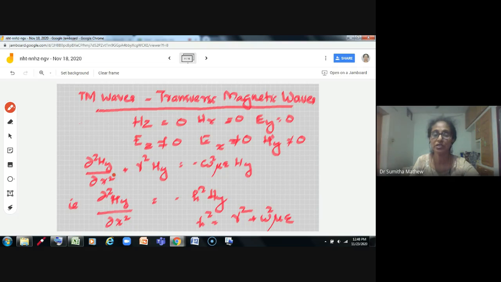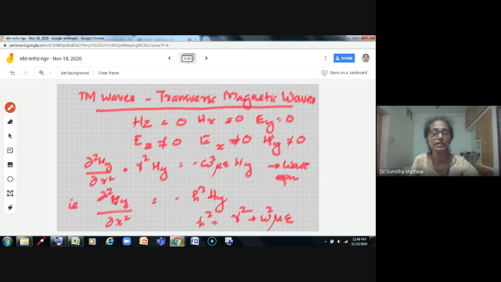You can just go back and see how we started with the transverse electric wave. Same procedure, so I'm not writing everything again. I simply start with the step of dou square Hy by dou x square plus gamma square Hy is equal to minus omega square mu epsilon Hy. This is the wave equation which we have obtained earlier.